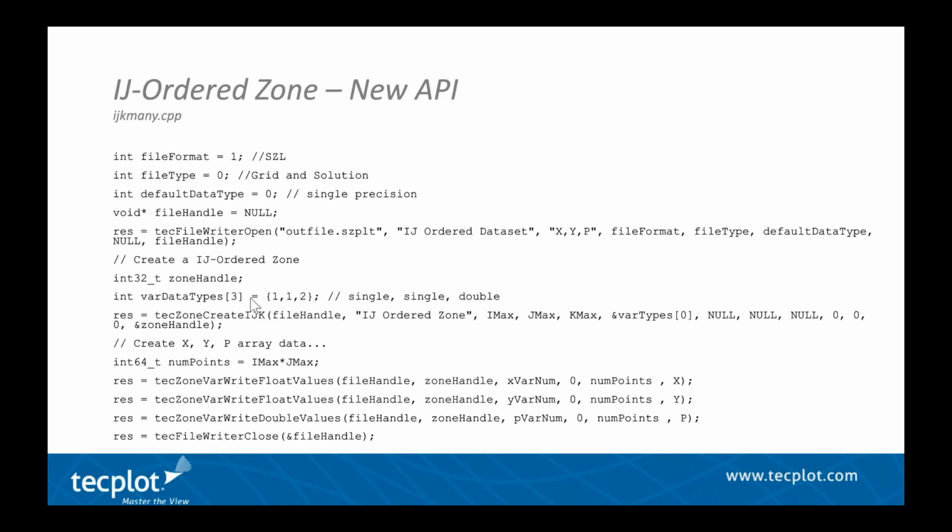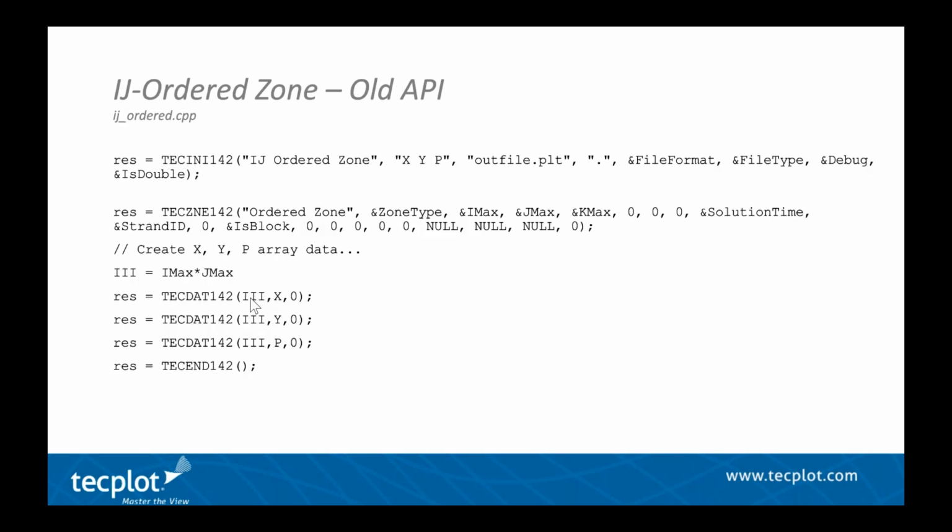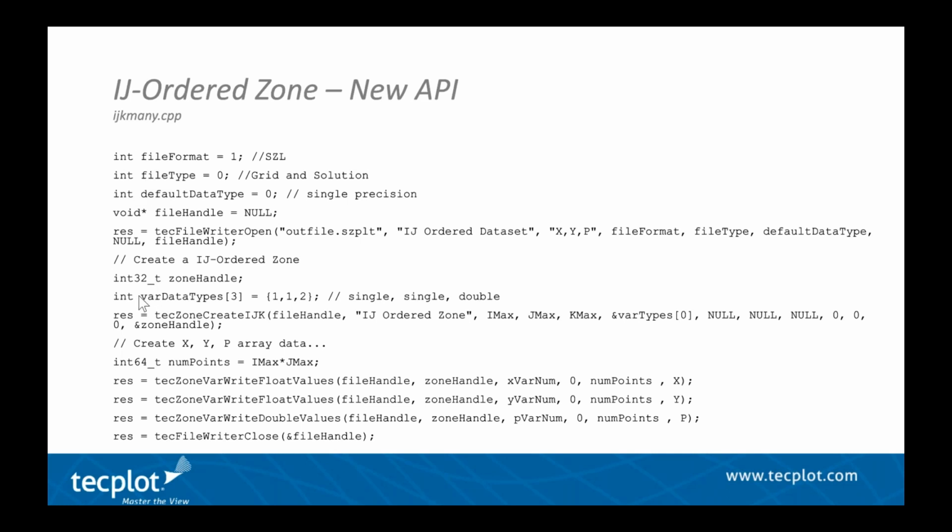Okay, great, thanks. So kind of like the PLT format, you can just rely on it; it effectively creates a data type for the entire file, and then you can be more specific per zone and per variable by passing this additional array.